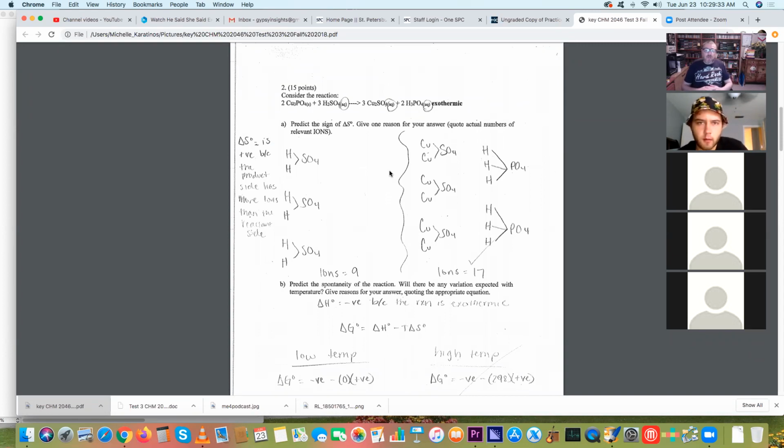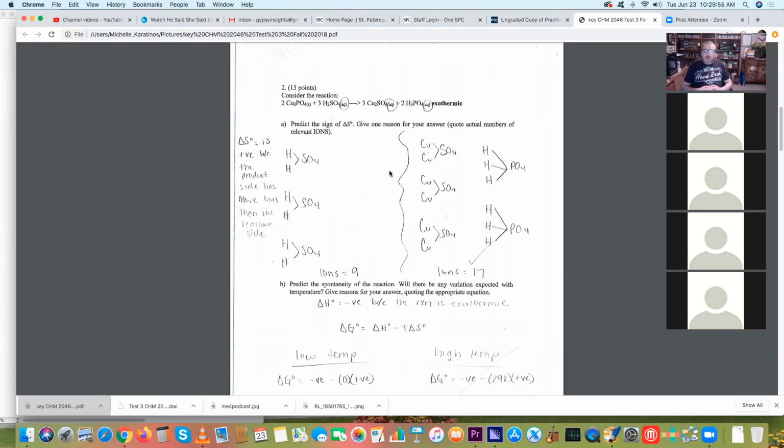What I do is I give you a reaction. The whole point of this is to focus on two things: the nature of the heat of reaction, or delta H, and entropy, but mostly entropy.